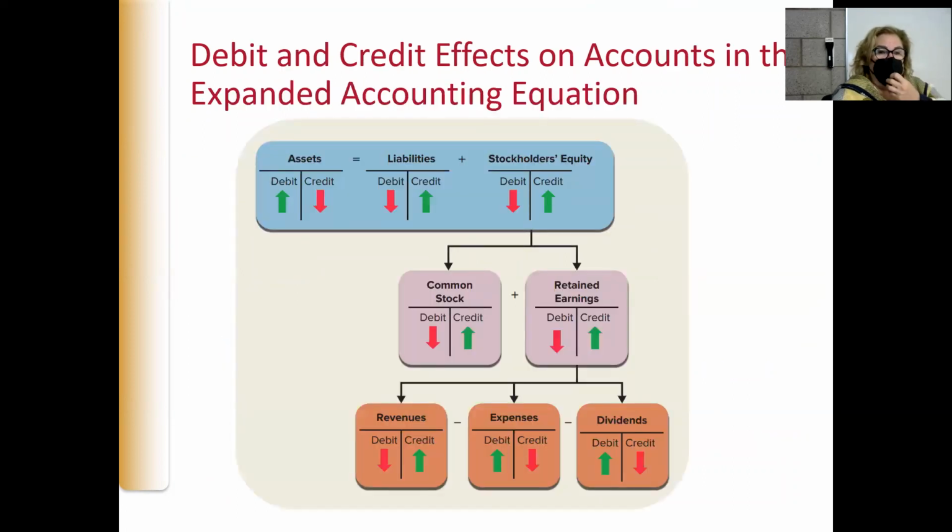Now, as we expand this equation, remember, retained earnings gets increased with a credit. Revenues increase retained earnings, don't they? So revenues will be increased with a credit.